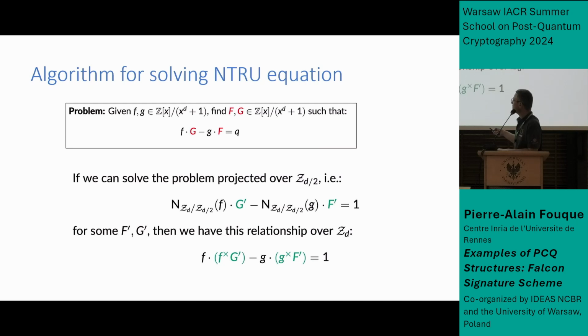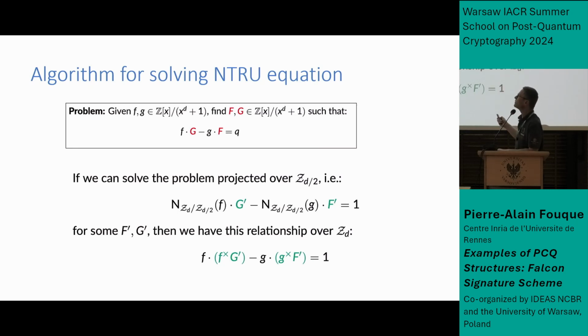So in fact this value is f times f of minus x, and this value here is also small g times g of minus x. You can see that this value corresponds more or less to capital G, and this value will correspond to capital F. The only difference is the 1 here.